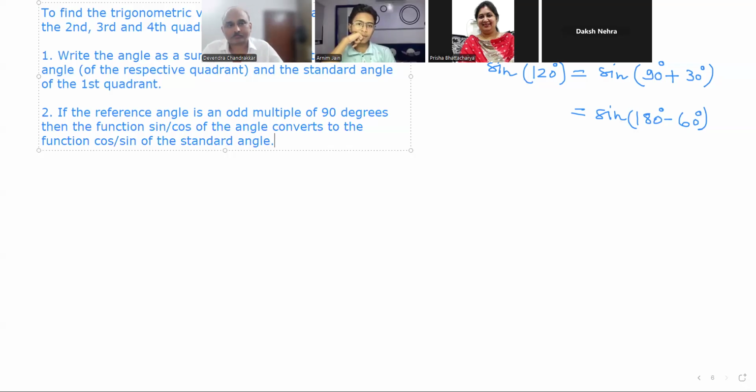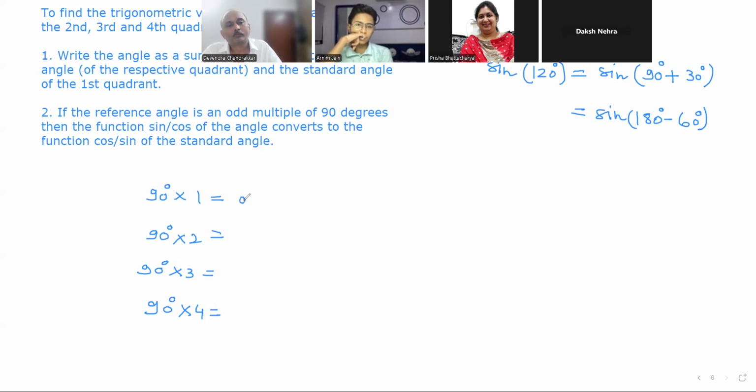What does this mean? Please pay attention. By odd multiple of 90, what do I mean? All the reference angles are multiples of 90: 90 into 1, 90 into 2, 90 into 3, and 90 into 4.